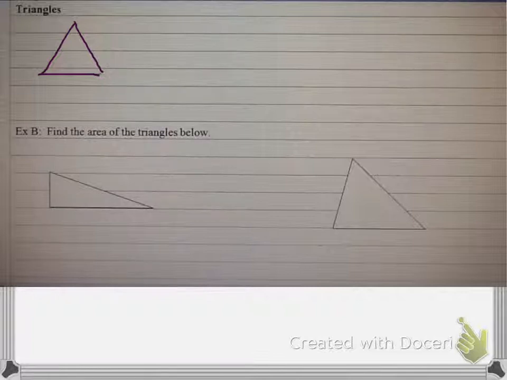So no matter whether we have this, which kind of looks like an isosceles triangle, no matter the type of triangle, whether it's an isosceles or a right or a scalene, these triangles all need to have their height be perpendicular to the base, just like with the parallelogram. And so we would say that the area is equal to 1/2 base times height.